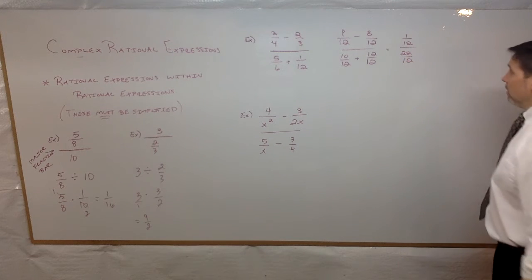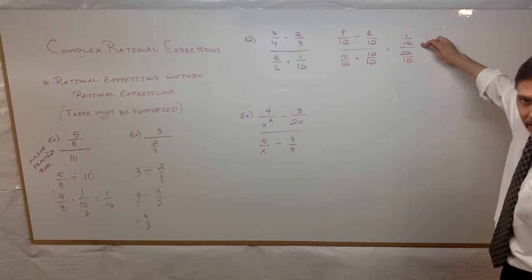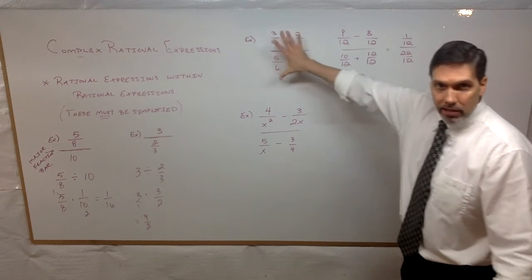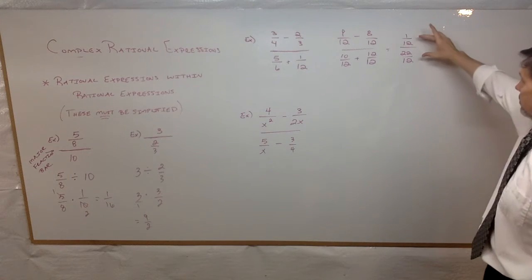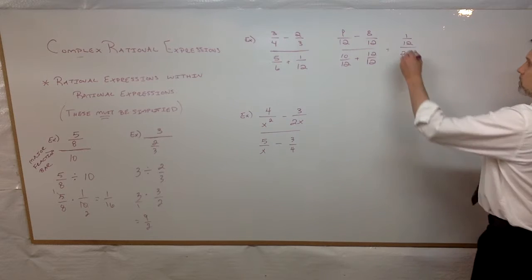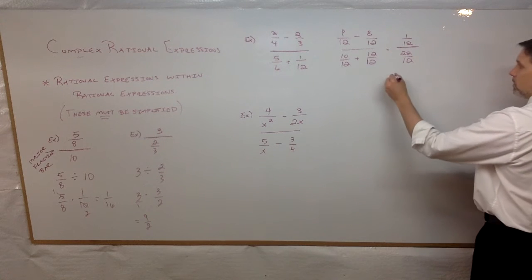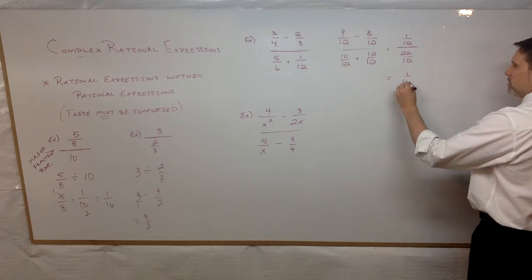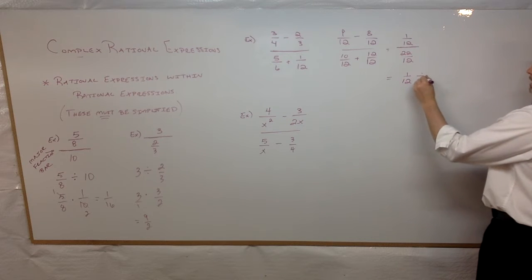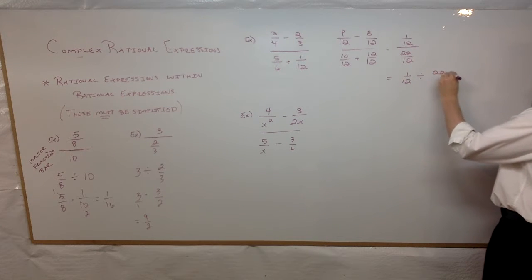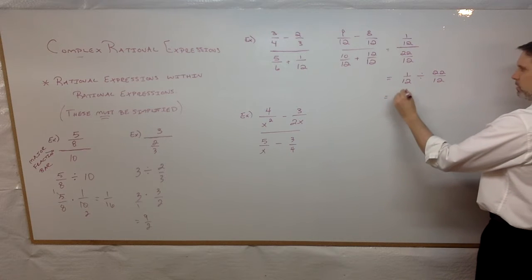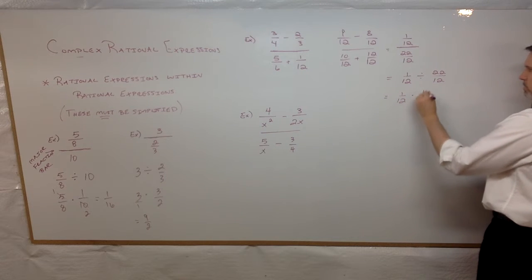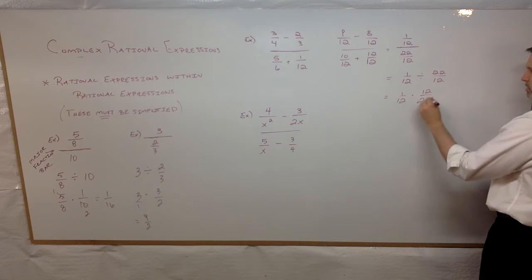In the denominator, we have 10 plus 12 is 22/12. And now you can see you have a complex fraction. I mean, we had one before, but instead of 4 fractions within one fraction, it's just 2 within one. Here's your major fraction bar. So we have 1/12, literally divided by 22/12, which will be 1/12 times 12/22.